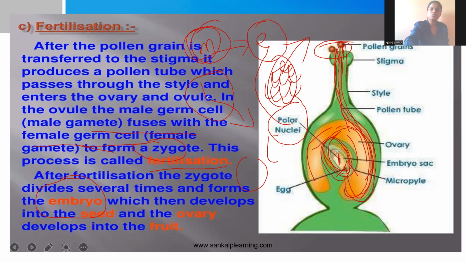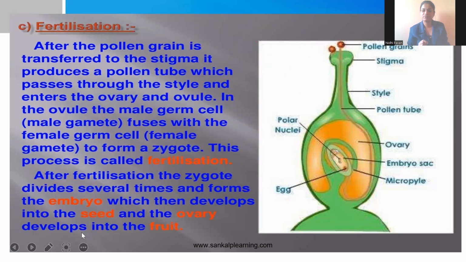The other male nucleus combines with two polar nuclei, so there will be triple fusion. Double fertilization means two times fusion of gametes occurred.